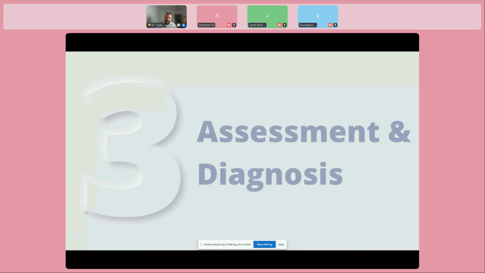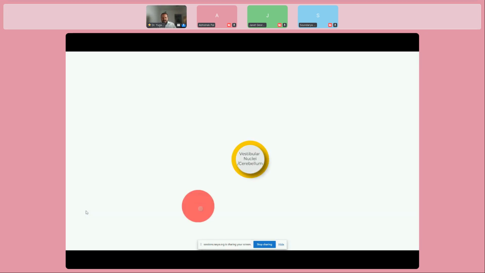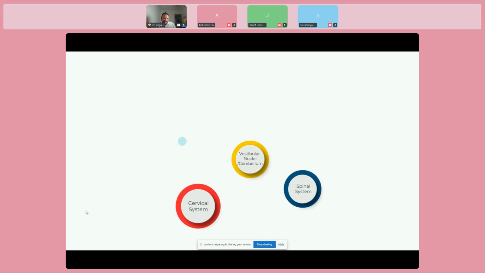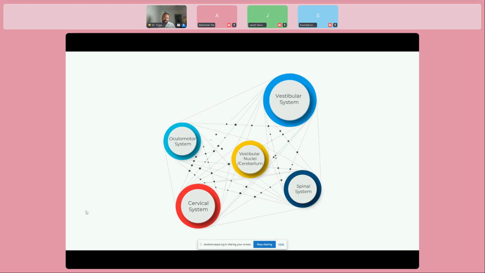So let's look at what has changed with this patient. Did we actually change anything? The biggest reason why the patient is suffering is how complicated the vestibular system is. As you can see, the vestibular nuclei here are in communication with the visual, the dominant one, cervical system, oculomotor system, and spinal system.